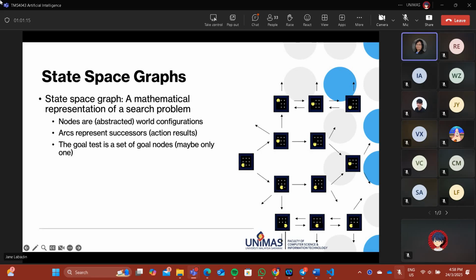All right, so this is a state space graph. That is the reason why I mentioned that you do not need to draw the whole thing. As long as you have a few, it will give you some flavor of what the state space graph can look like.